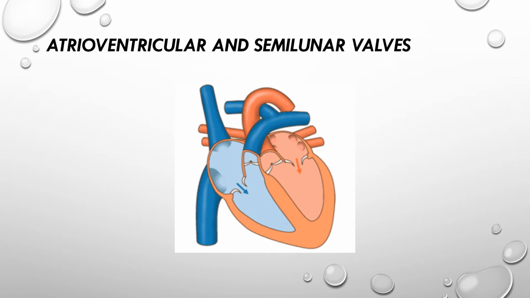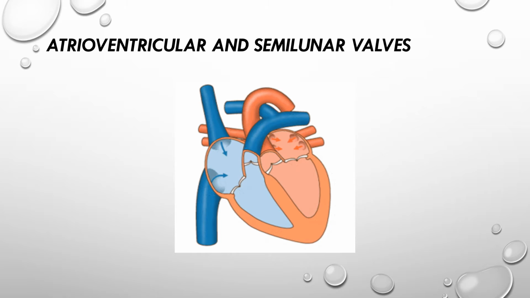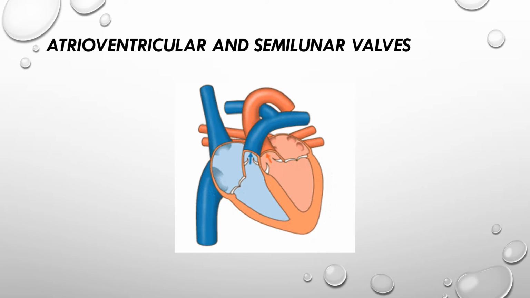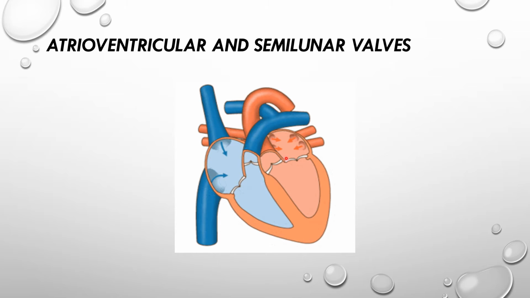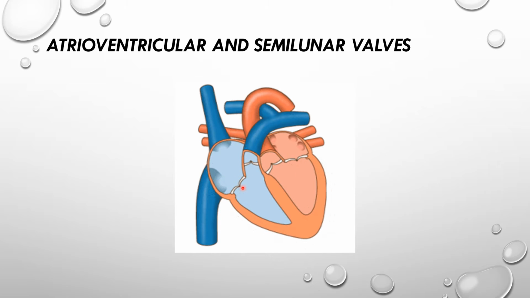Now we'll see how valves work. The valves ensure that blood flows in the correct direction. They are opened and closed by changes in the blood pressure in the various chambers of heart. First of all, we'll see how AV valves work. AV means atrioventricular valves.